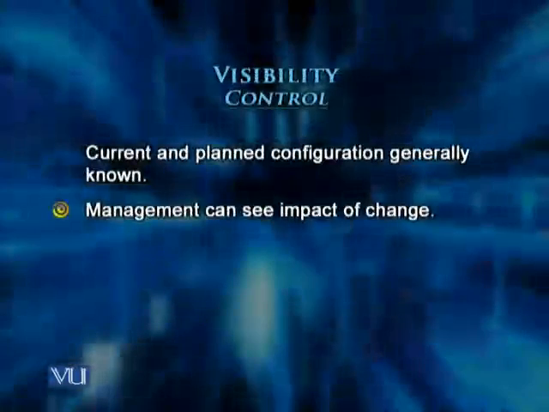And so visibility is improved by the control functions of the SCM. Management can see the impact of change fairly quickly, because the changes are made through an approval process, and the changes are made known to all the concerned parties.